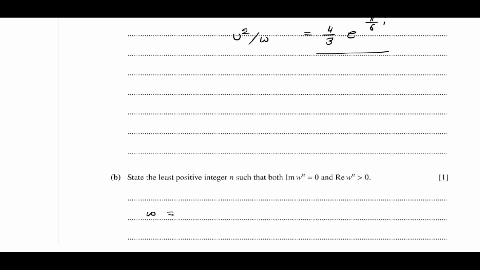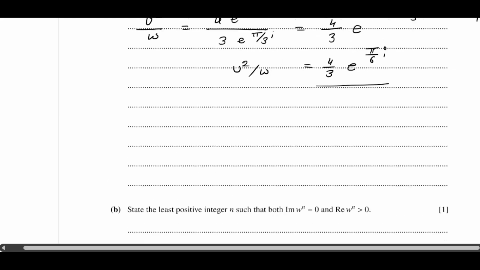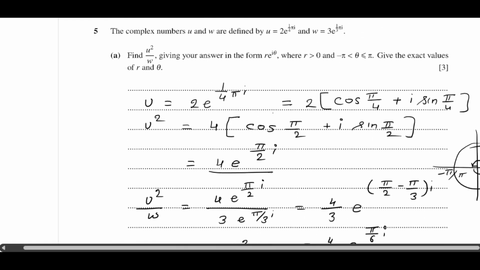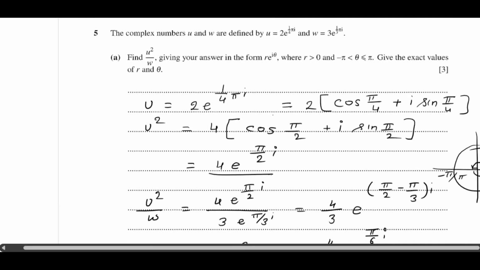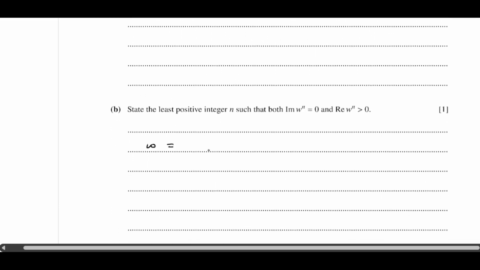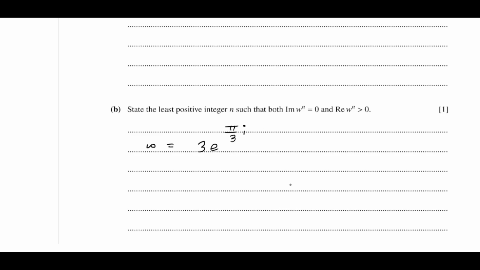Here w is 3e^(πi/3). So w^n will be 3^n times e^(nπi/3).